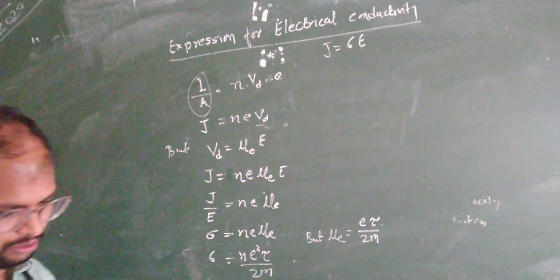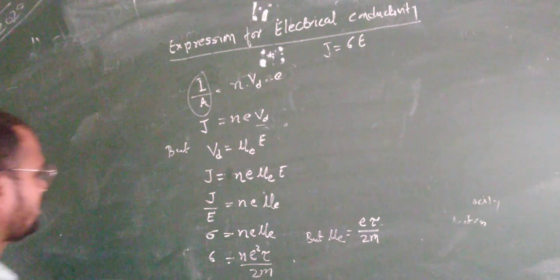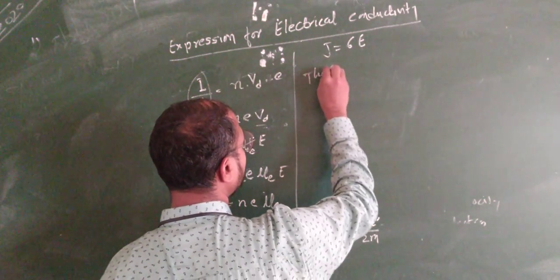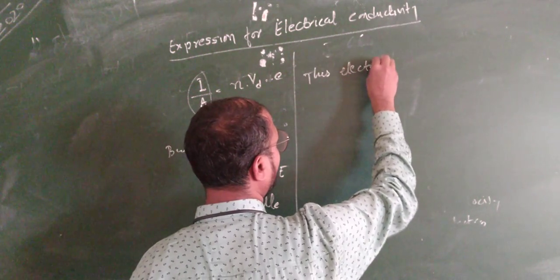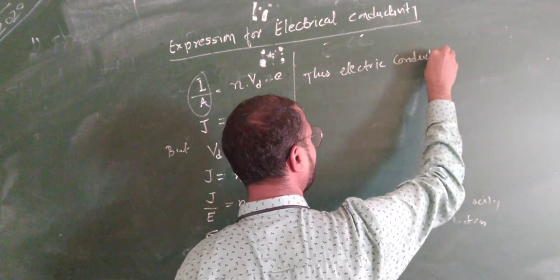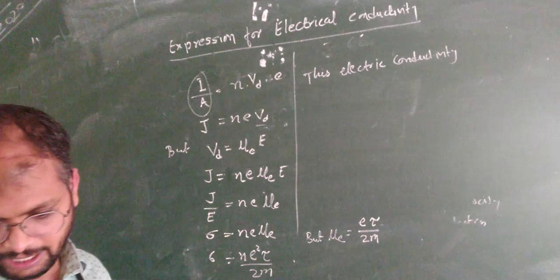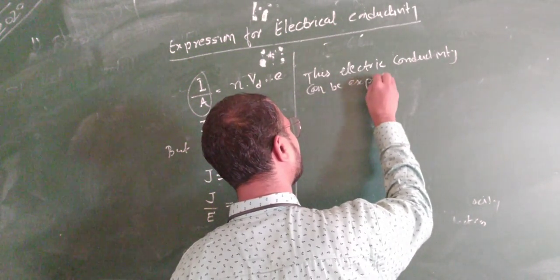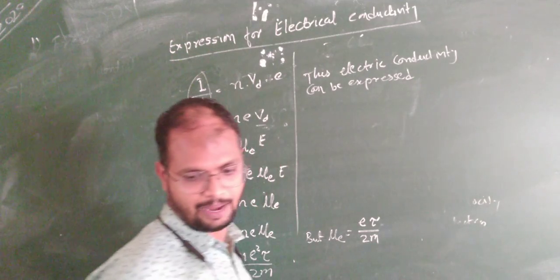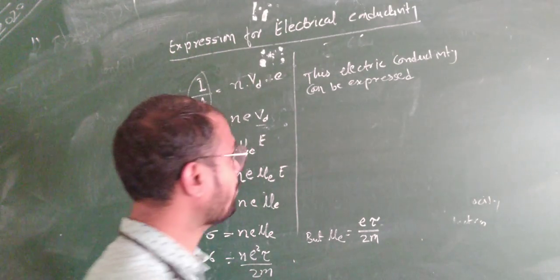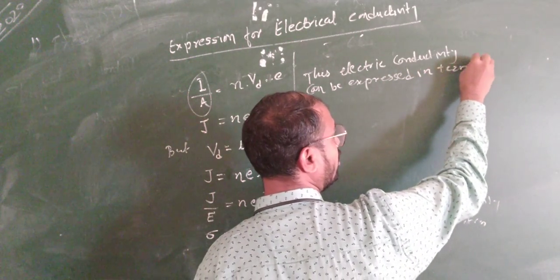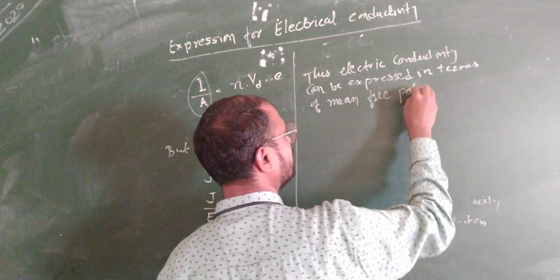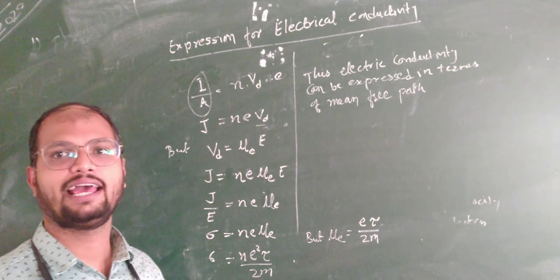Okay, so this electrical conductivity can be expressed in terms of the mean free path, and the mean free path is denoted by lambda.